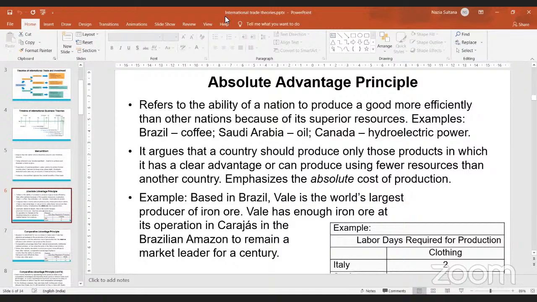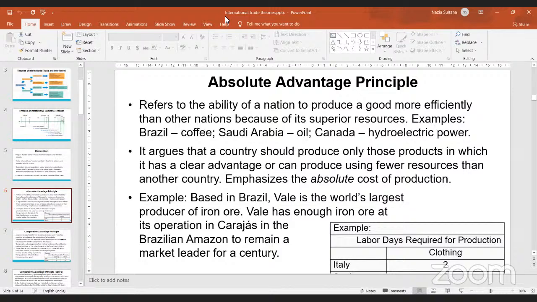They are endowed by nature with that particular resource. So utilizing that resource, they would have an absolute advantage. This theory of absolute advantage says let the nations produce those commodities efficiently which they can produce compared to other nations, because they have the superiority of resources. Hence, using those resources, they will produce the commodity.